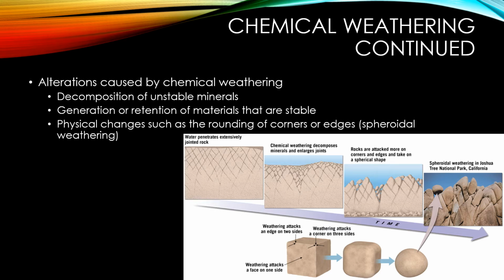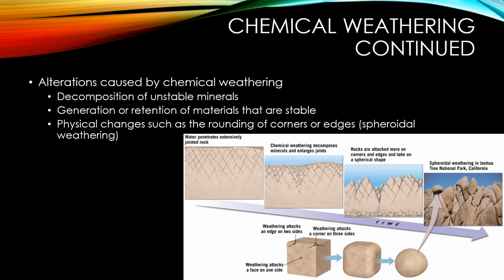We can go back to potassium feldspar as one example, and then enlarges the fractures and joints within the rock. And then the rocks are attacked more and more because there's a greater amount of surface area available for chemical weathering to attack. And that creates a situation where you start to have rocks break away from the larger formation, and the corners and edges start to take on a spherical shape.